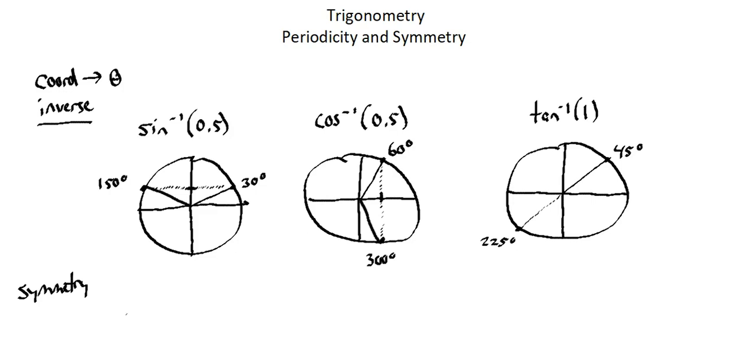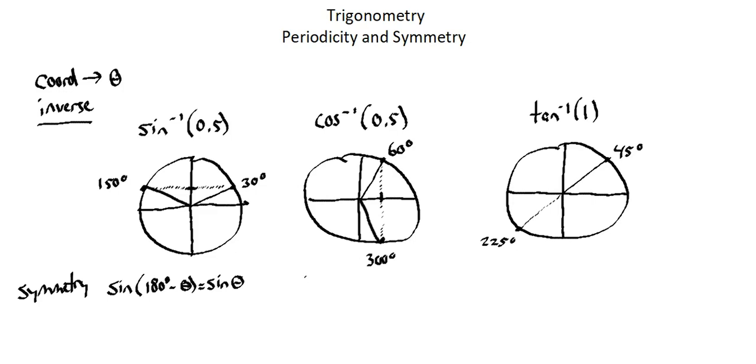So the symmetry formulas that I want to use here are: the sine of 180 degrees minus the angle is the same as sine of the angle.